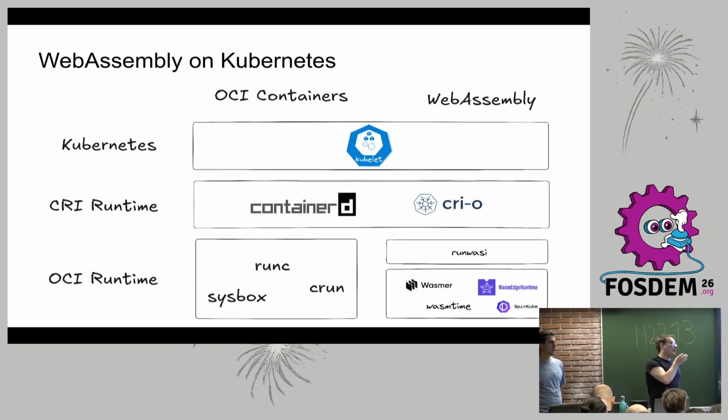There, on the one hand, we have the container ones, which set up the cgroups and all the stuff. On the other hand, we have the WebAssembly runtime. Usually we can use the same CRI runtime on top and then just have a shim which handles the translation or the differences between containers and WebAssembly. And with the runtime, it's then running like a sandbox.